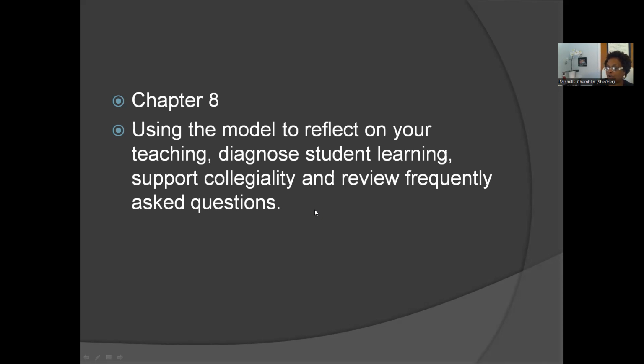use this as a frame to understand when we are teaching, these are some of the things that we need to do because of this model.